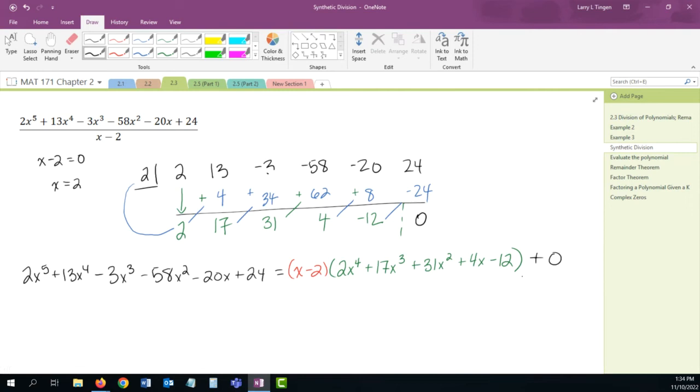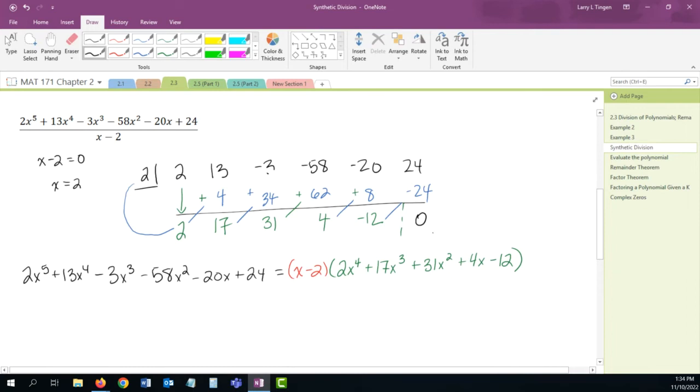All right. So I want you to take a look. Since that remainder is 0, I actually have a direct relationship between the polynomial I started with and the quotient and the divisor.